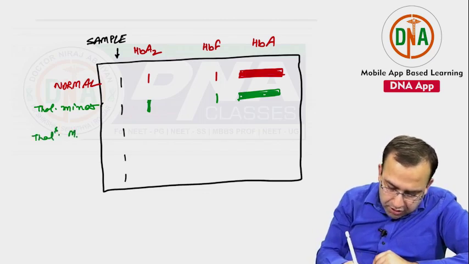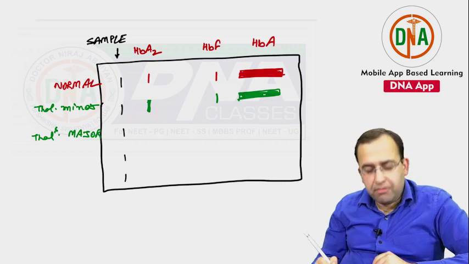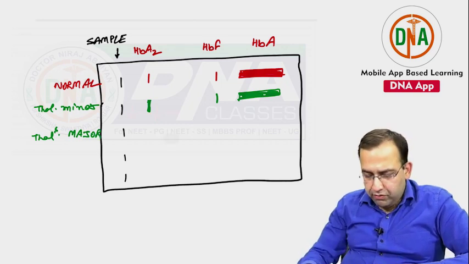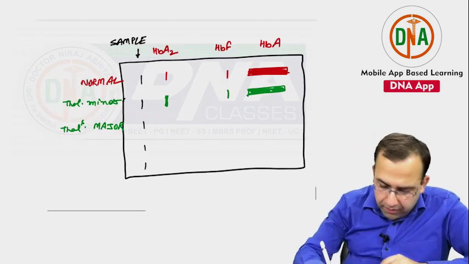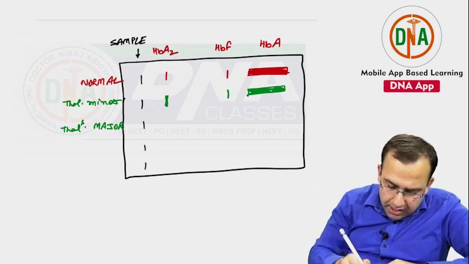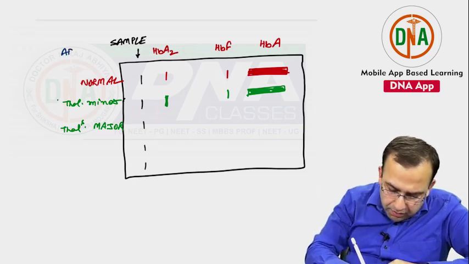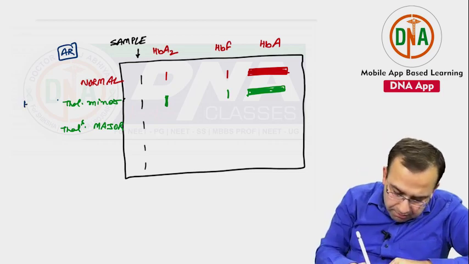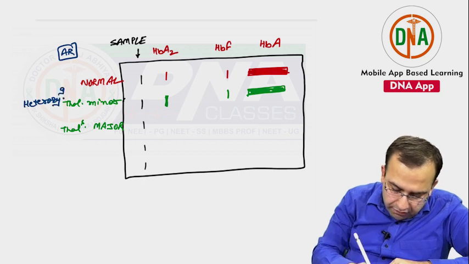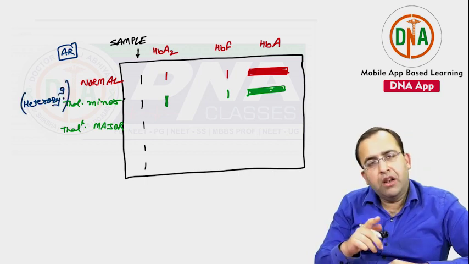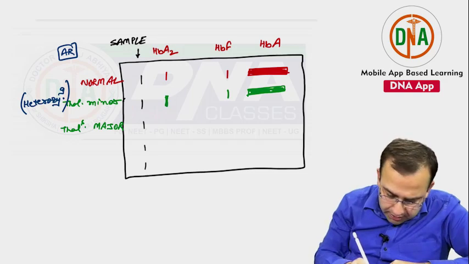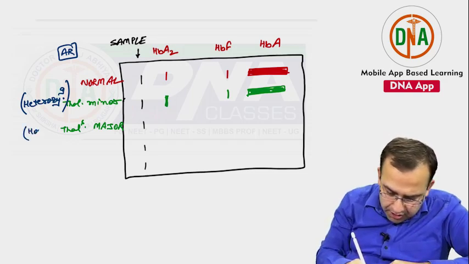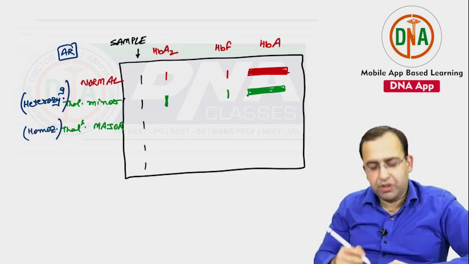Next, thalassemia major. Before we go further, what do we mean by minor, major? Both thalassemia and sickle cell anemia are autosomal recessive inheritance. Thalassemia minor means it is heterozygous. One allele is normal, the other is abnormal, heterozygous, versus thal major, which is homozygous.